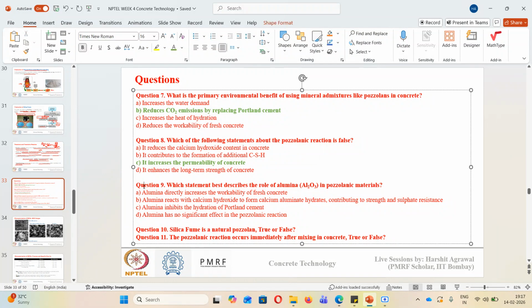Question number 9. Which statement best describes the role of alumina in pozzolanic materials? We saw one line in the last slide. If you remember that line, can anyone tell me what will be the correct answer?